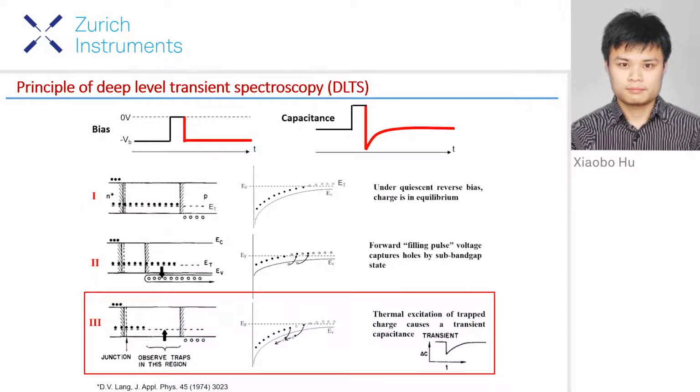Finally, the reverse bias is restored, and the electrons above the Fermi energy in the trap will slowly be released to the conduction band due to thermal excitation, and a slow increase of junction capacitance would occur.